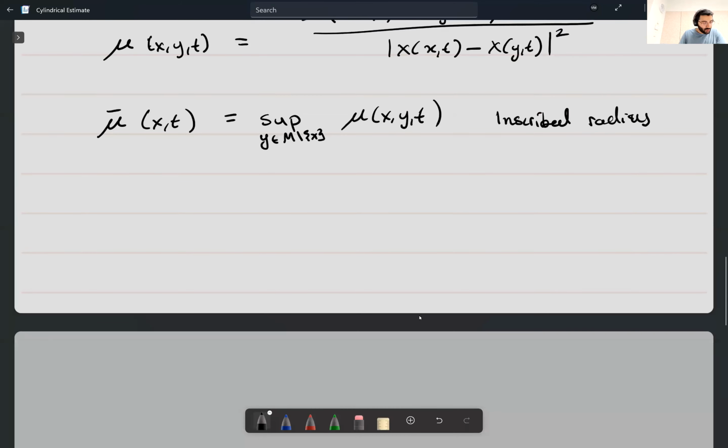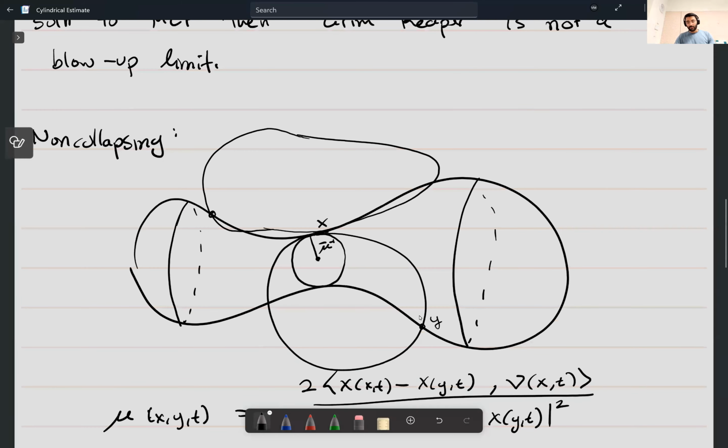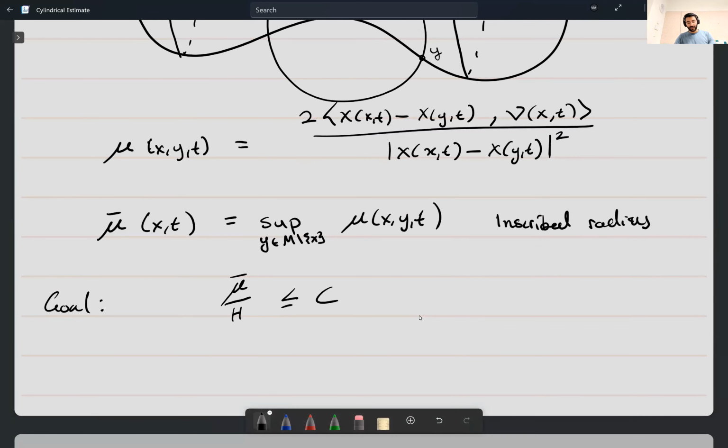The goal here is to show that mu bar divided by h is bounded. You can see that mu scales the same way as h scales. So if I take a blow-up sequence going towards the Grim Reaper, this would have to go to infinity.